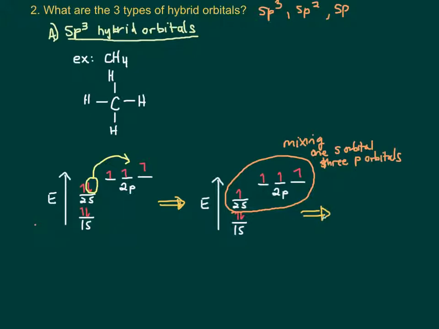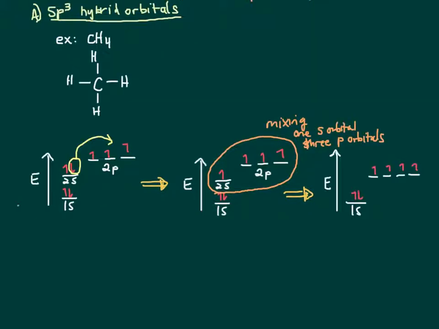So what it looks like after it mixes is this, right here. And so we had this mixing, and now we have 4 orbitals, and these 4 orbitals right here are a combination of, if you remember, 1 s and 3 p orbitals that have all kind of mixed together. And we call these orbitals sp3 hybrid orbitals.